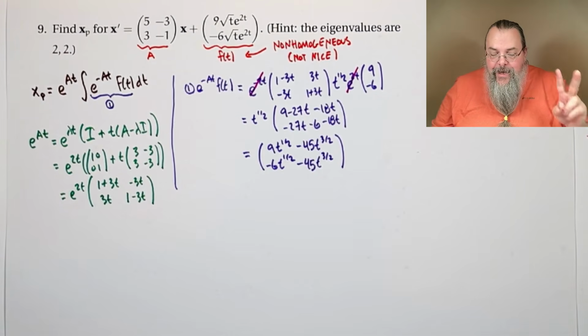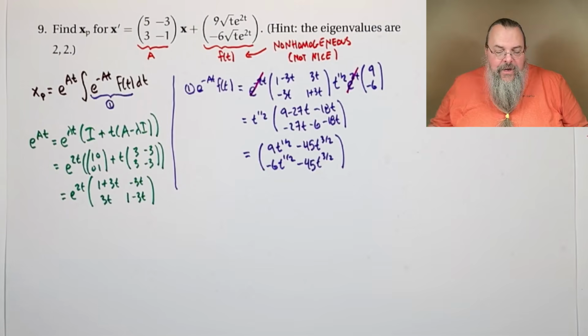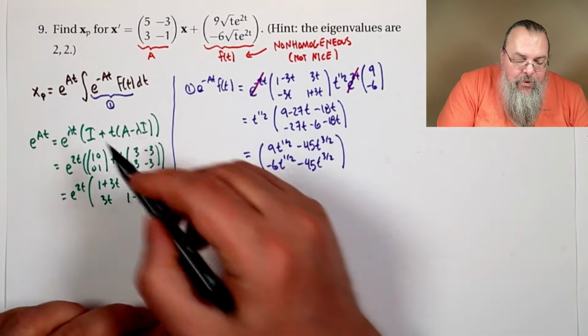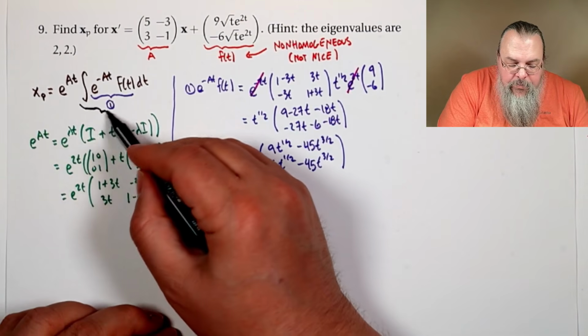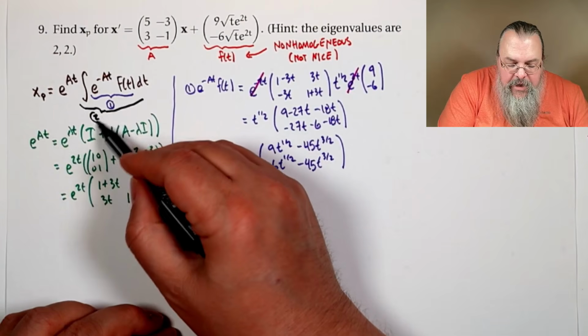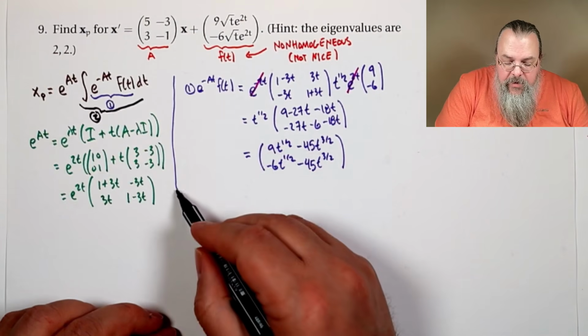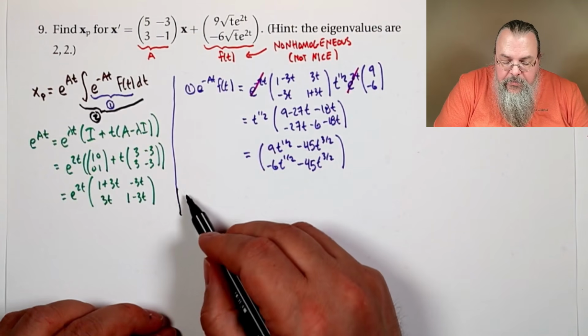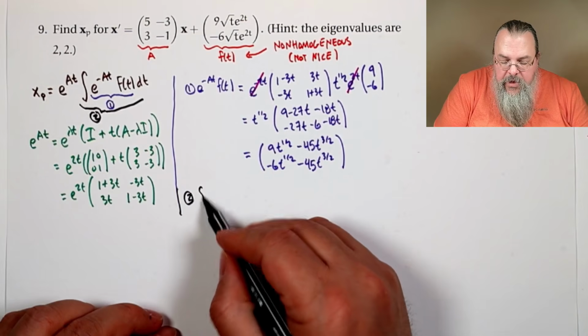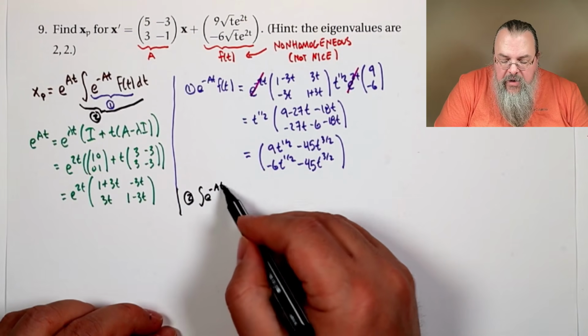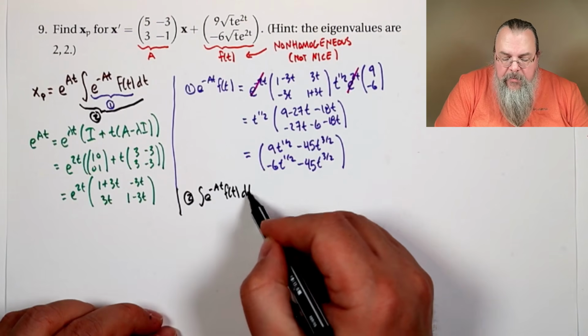Now, layer 2 says what? Well, do the integral. So that's our second layer. Okay, so here's layer 2. We're going to do the integral e to the minus At f of t dt.